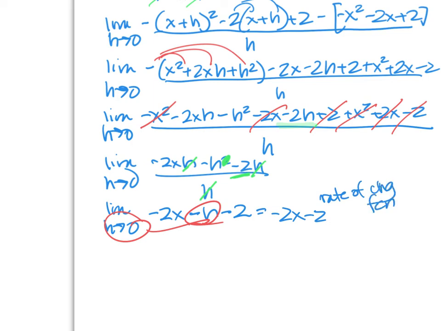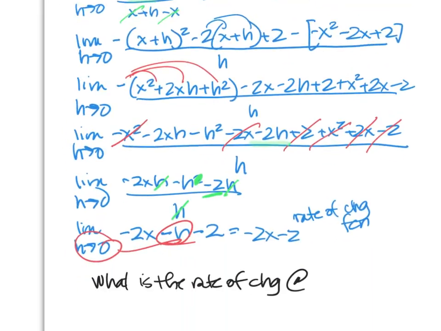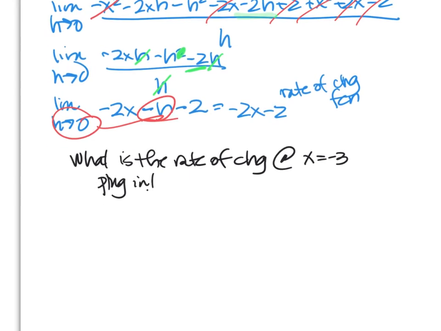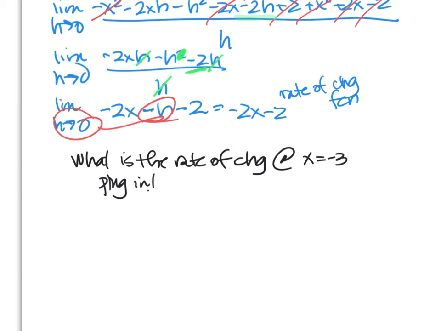So now what we want to know is what is the rate of change at x is equal to negative 3. So we plug this in. So now I'm going to write out the function, negative 2x minus 2.